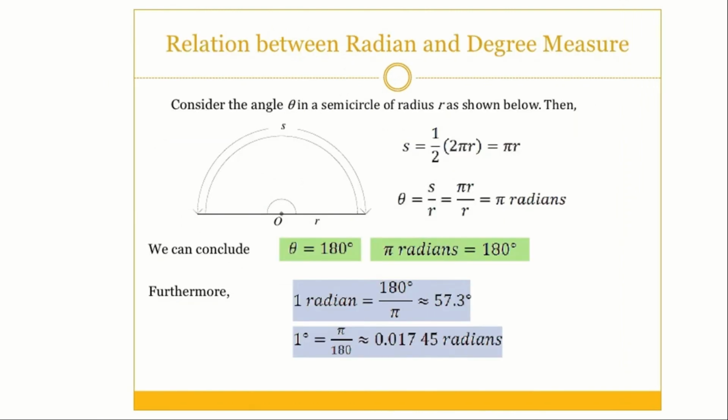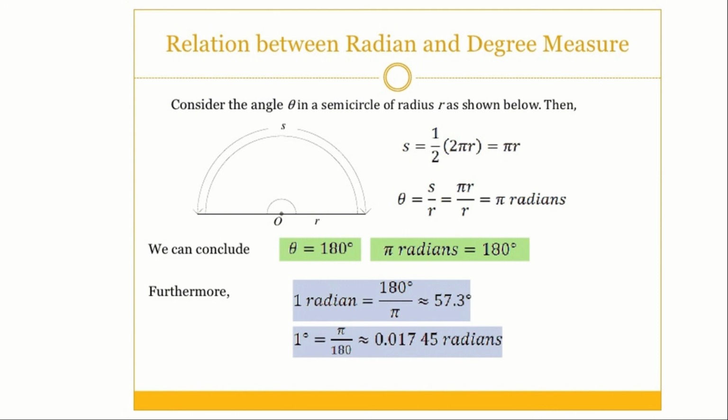So, the relationship between radian and degree. First we got to know the relationship between radian and real numbers, which are considered the same. In the same way, we have to find the relationship between radian and degree measures. Consider the angle theta in a semicircle of radius r as shown below. Then S is equal to half into 2 pi r, which gives you pi r.